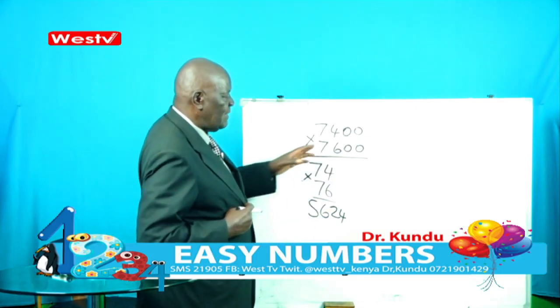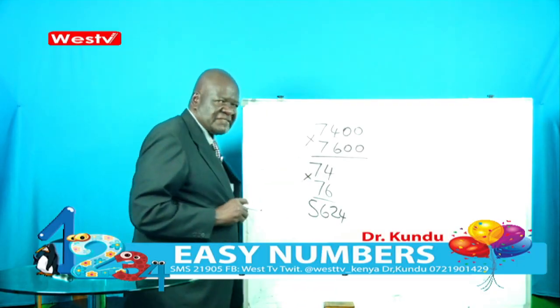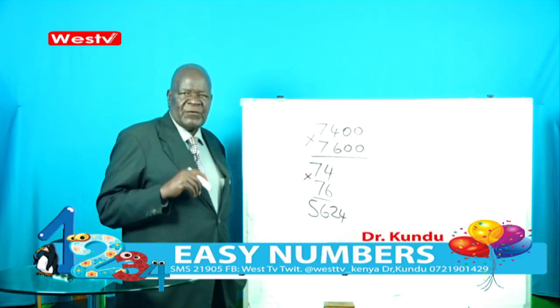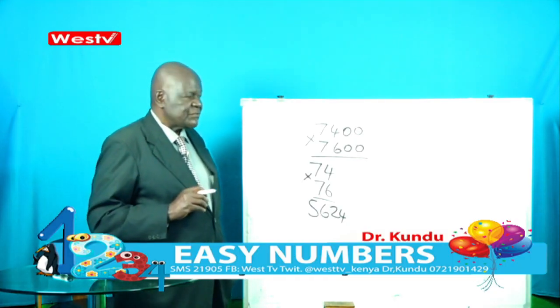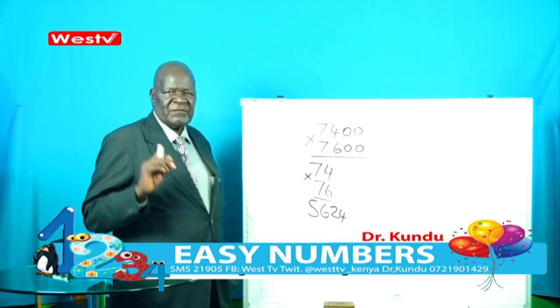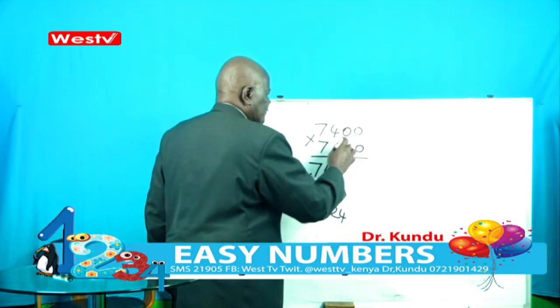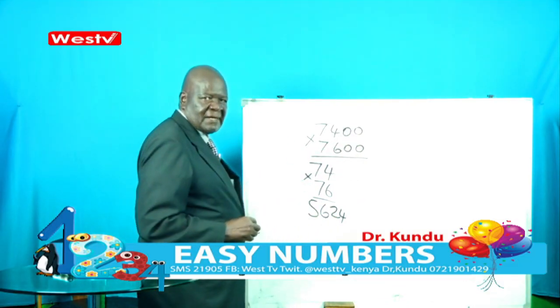But then you remember that the number was not 74 times 76. It was rather 7,400 times 7,600. So there were 4 zeros involved in that problem. And when you look at the 4 zeros, 1, 2, 3, 4, return them here on this plain number answer.